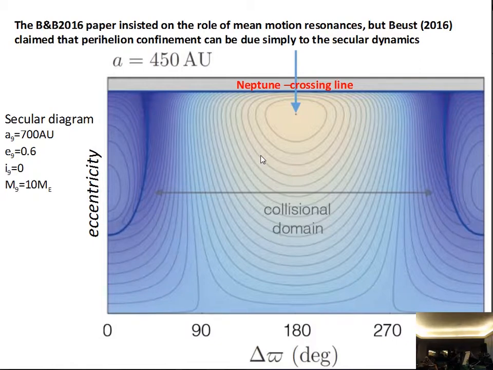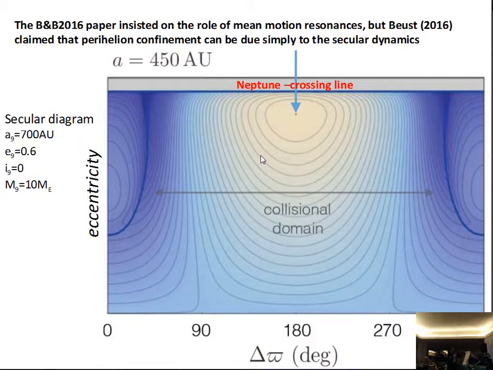By the way, this secular diagram has been computed assuming that Planet 9 has 10 Earth masses, a semi-major axis of 700 AU, an eccentricity of 0.6, and it's on the plane of the solar system. And of course, to compute this kind of diagram, we don't do any kind of series expansion, which would never work for this kind of eccentricities. We do all the averaging in a closed form, numerically.